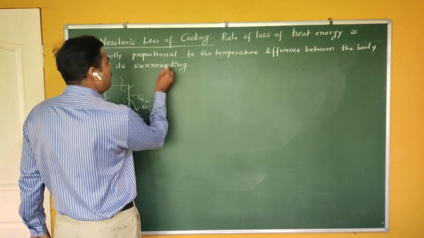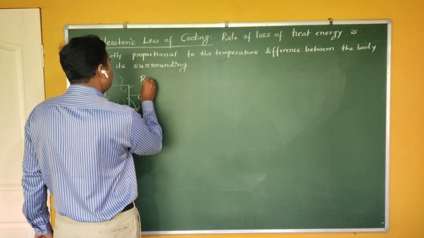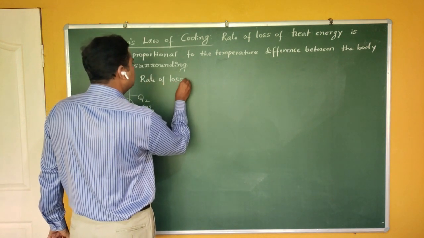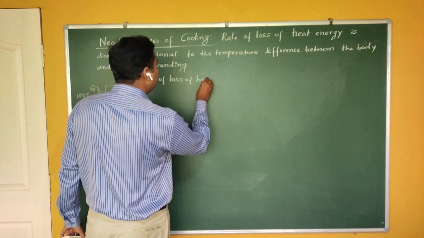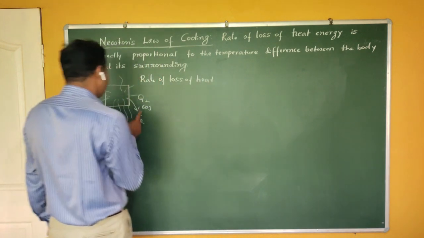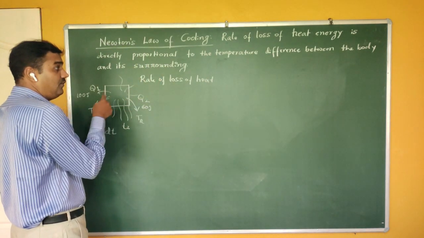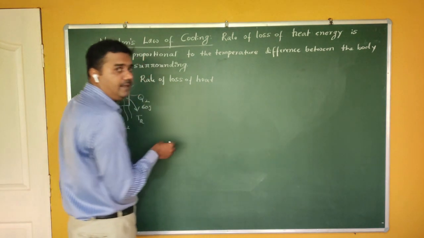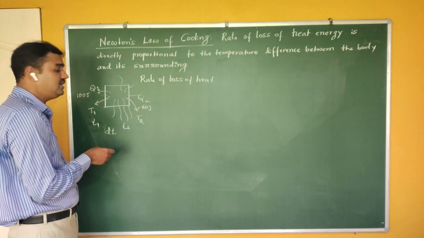So what is the rate of loss of heat? It is nothing but the change in the quantity divided by the change in time. What is the change in the quantity?